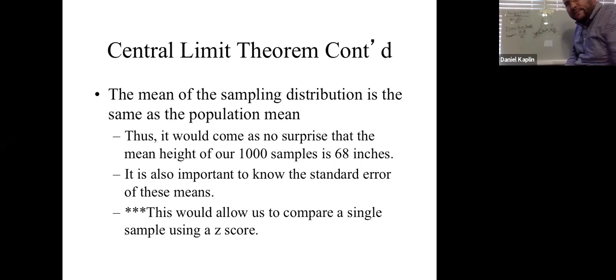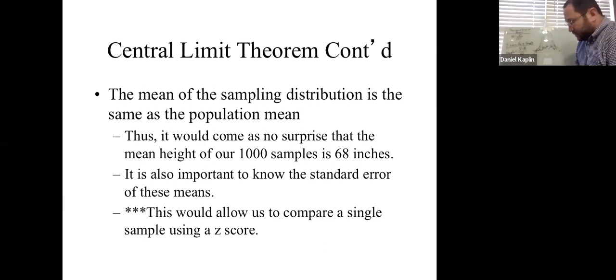Now, the more samples we do, the more it's going to approximate a normal distribution from the population angle. If we were to average all of these smaller samples, it would come up to our theoretical population distribution. All right.